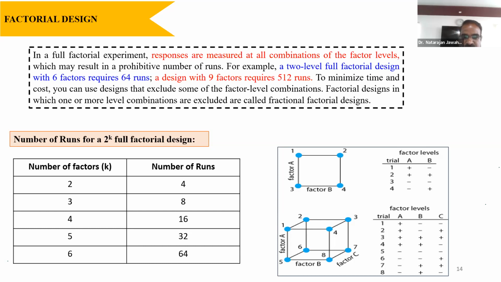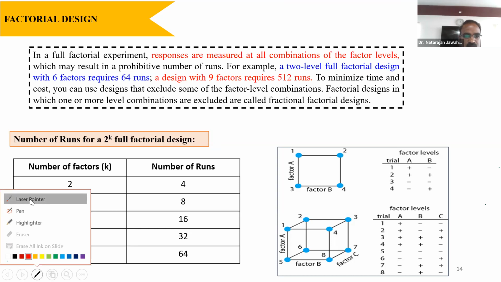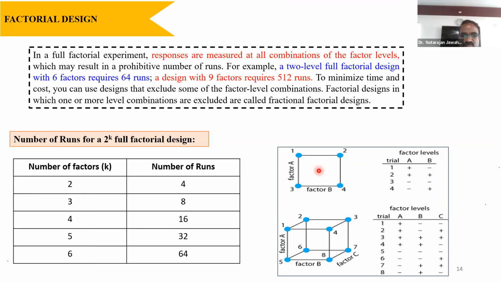And here on the right hand side, you can understand the factors A and B. Factor A is in the x-axis, and factor B is in the y-axis. So now I will put a center point on this. Yeah, so now here this will be the center point.